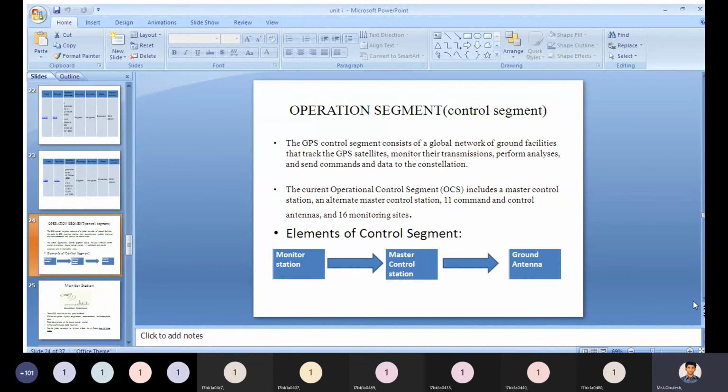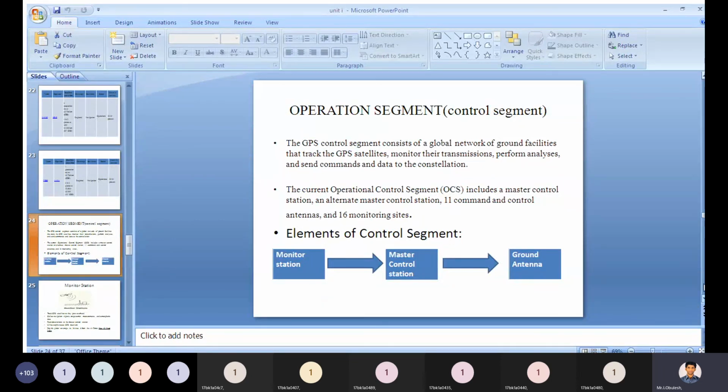The operational control segment includes a master control station, an alternate master control station, 11 command and control antennas, and 16 monitoring sites.